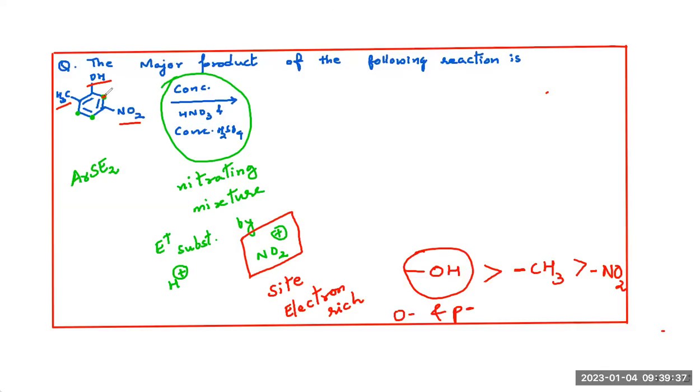Now the ortho position is sterically hindered between OH and NO2, but the para position is not that much sterically hindered, and hence the coming electrophile, which is NO2, will attack the molecule at the para position, because para position is less sterically hindered, and hence the reaction will take place here.